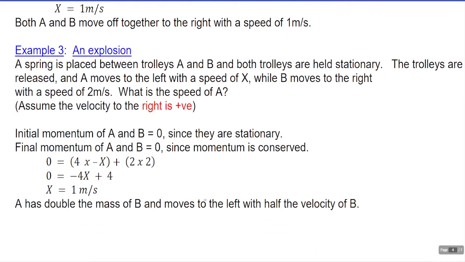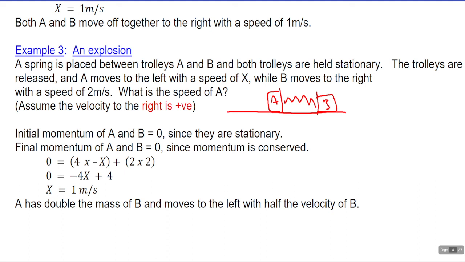Then my third example is that of an explosion. A spring is placed between trolleys A and B, and both trolleys are held stationary. So we've got a spring, and then we've got trolley B, and then we've got trolley A, like this.